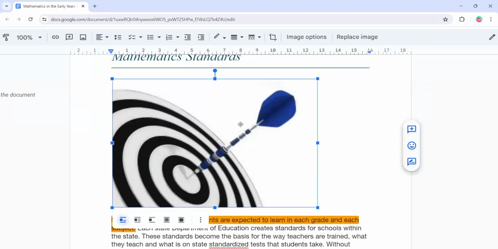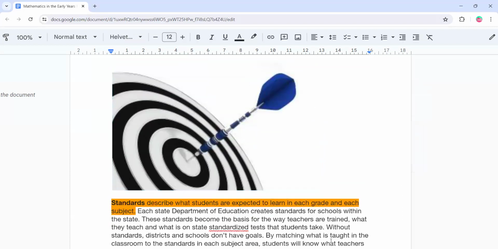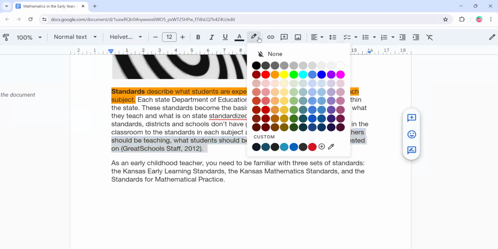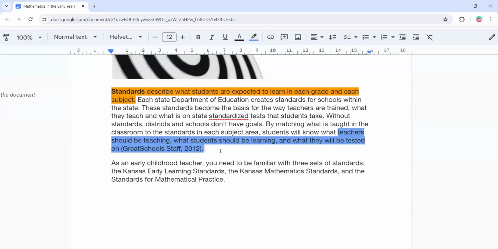You got it. The students will know what the teacher should be teaching, what the students should be learning, and what they are tested on. Okay, nothing special.